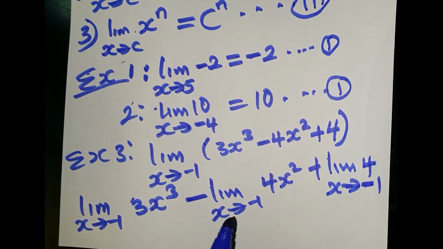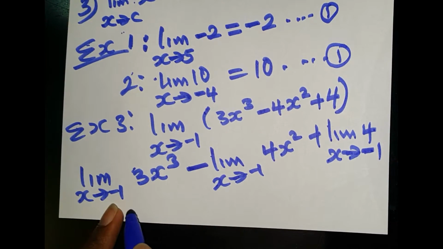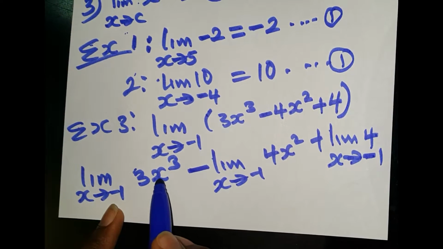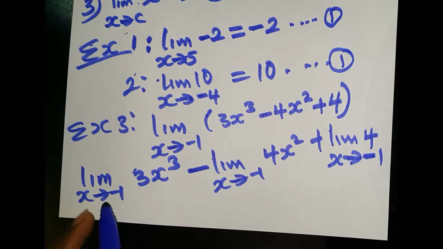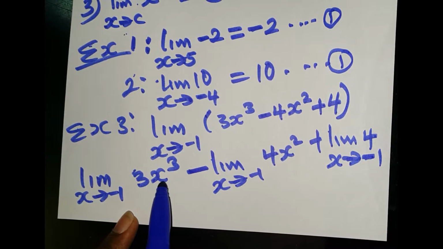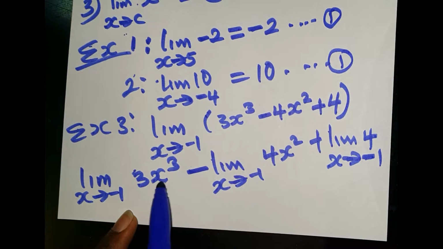So how do we solve this? The next step is to replace our x here with anything that is here. If we have 0 here, then you replace this x with 0. But here we are having minus 1, so you have to replace this x with minus 1.